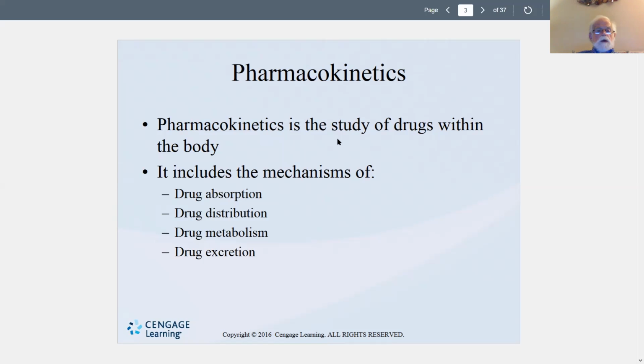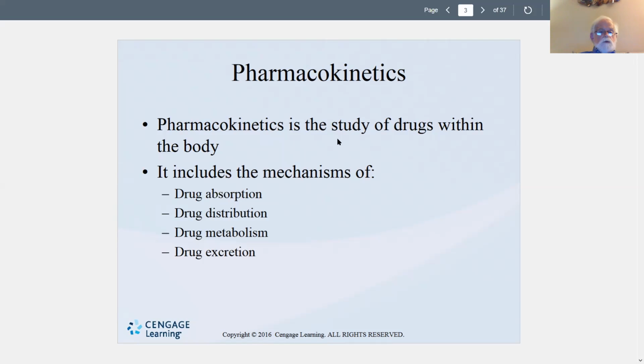The main metabolic organ is the liver, although the kidney will do some metabolism, and some other tissues in the body will do a bit of metabolism, but mainly that's done in the liver. And that process changes the drug, and then it goes out, generally speaking, through either the urine, which is the most common method of getting rid of drugs, or the feces.